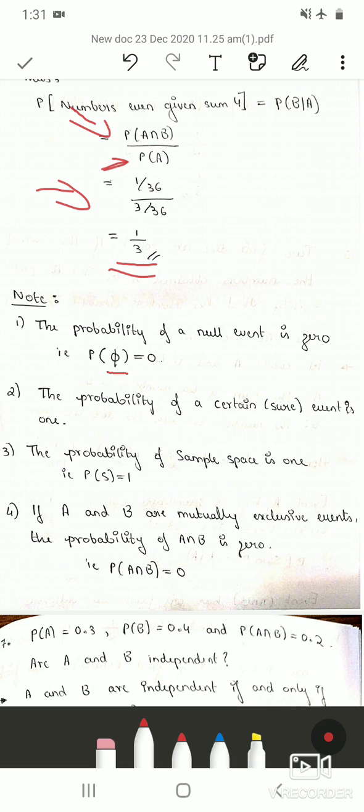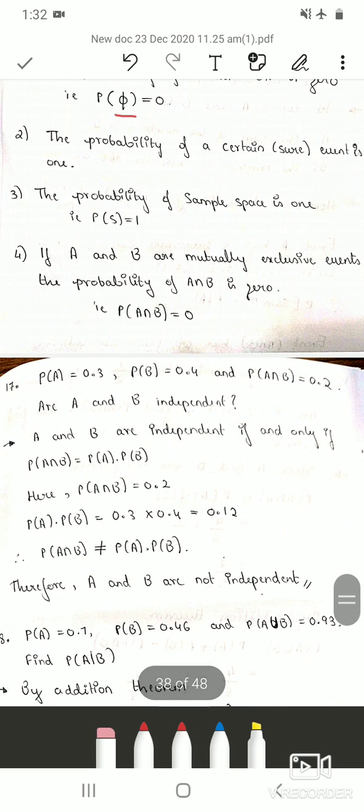The third note: the probability of the sample space is 1, that is, the probability of capital S is 1. If A and B are mutually exclusive events, the probability of A intersection B is 0. So when two events are mutually exclusive, the probability of their intersection will always be 0.